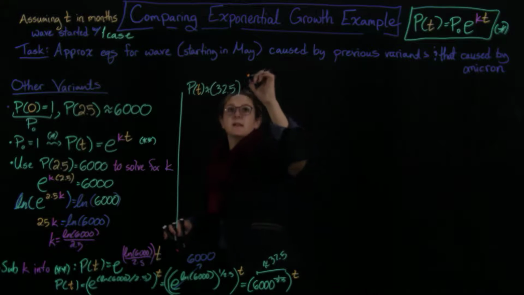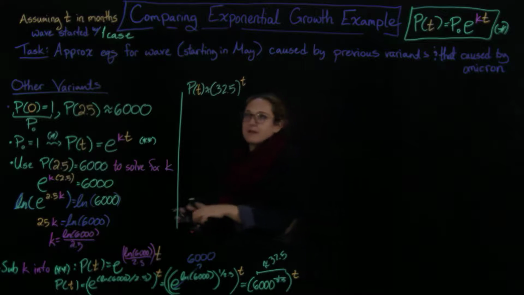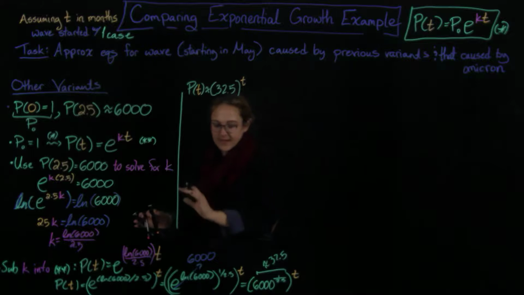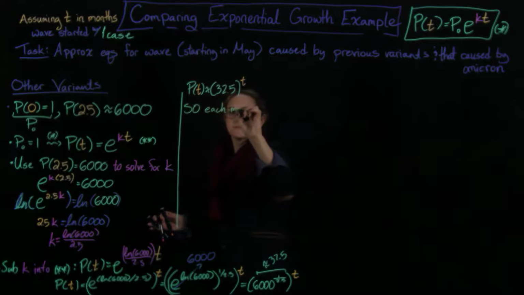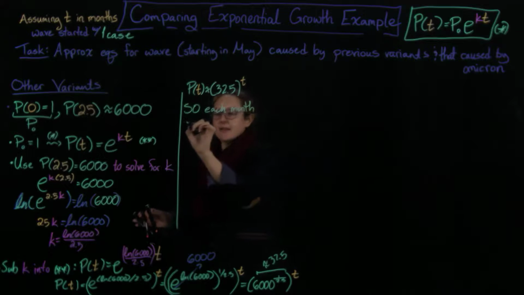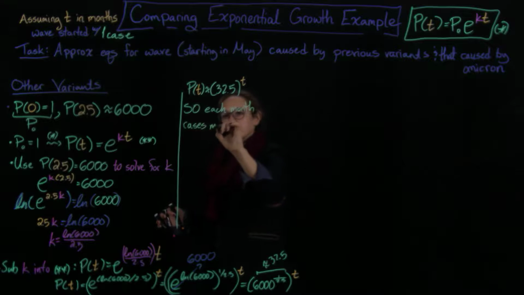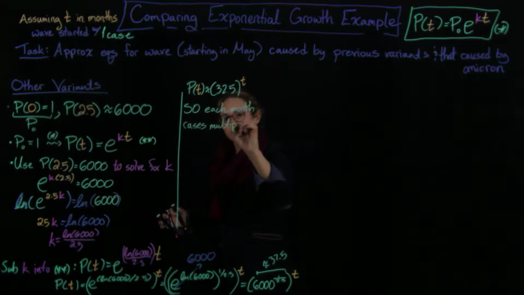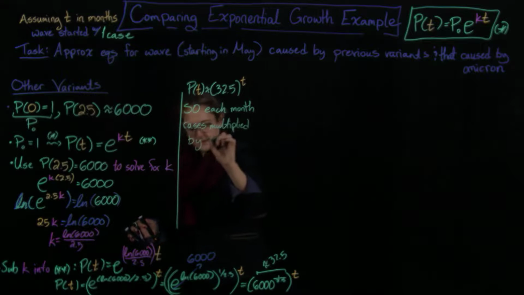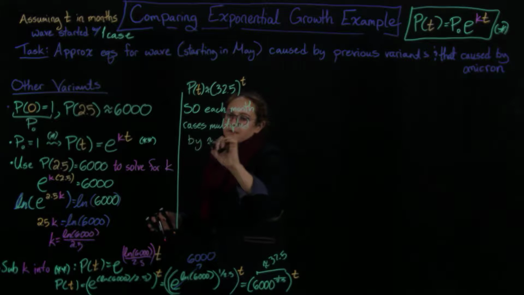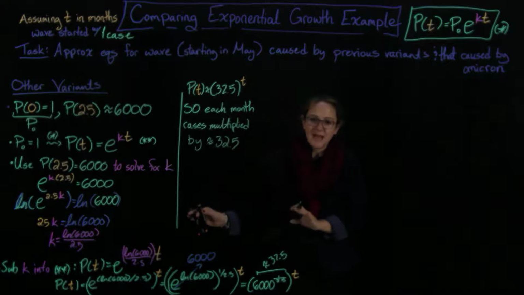And interpreting that, what does that mean to us? That means that each month, the cases are multiplied by approximately 32.5.